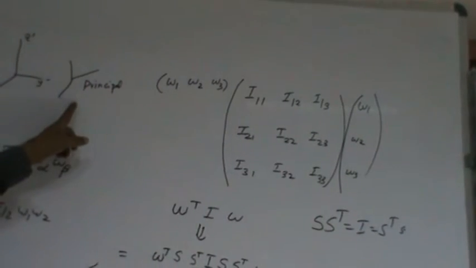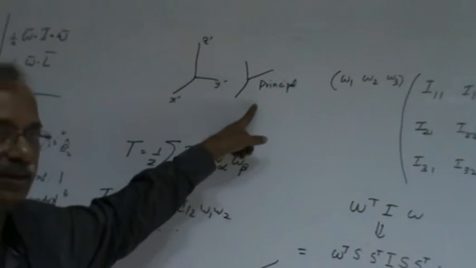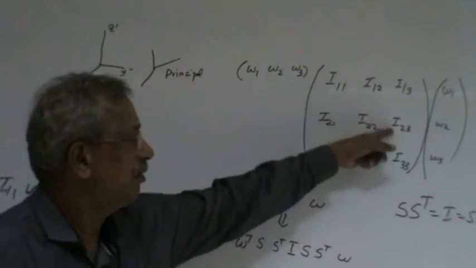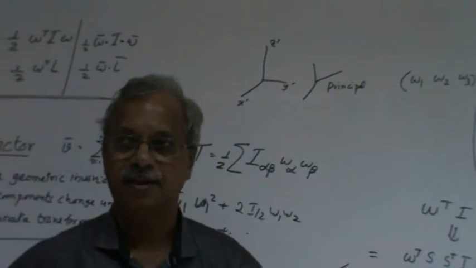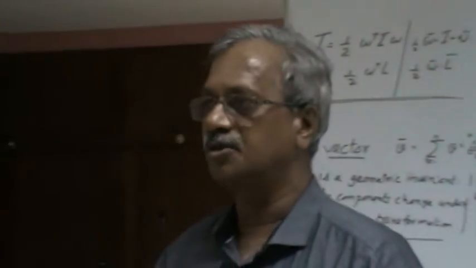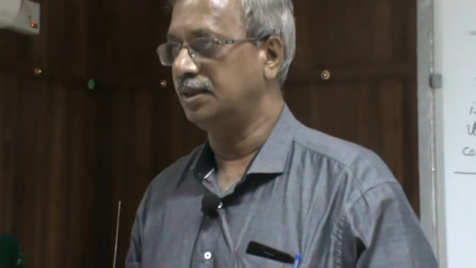But as soon as you do the calculation with this coordinate system, you find all the off-diagonal terms have become zero, only diagonal entries are. So the similarity transformation that we are doing here is discovering a coordinate system in which the off-diagonal elements of the moment of inertia tensor identically becomes zero.